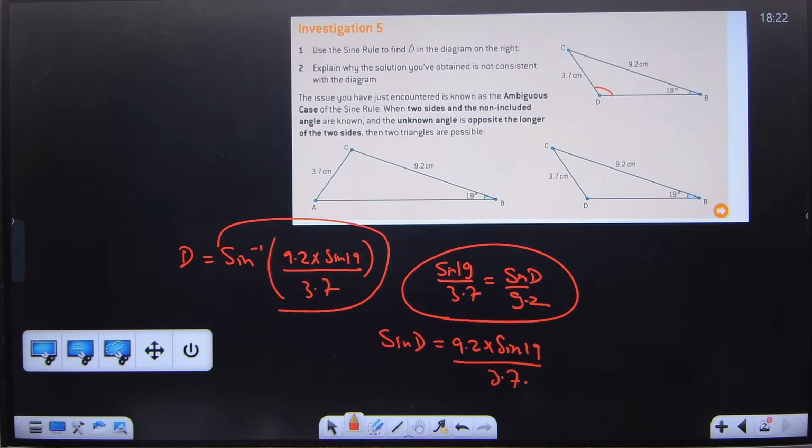Sir, is it 54? Is it 54? I don't know. You have to check. No, that seems wrong.